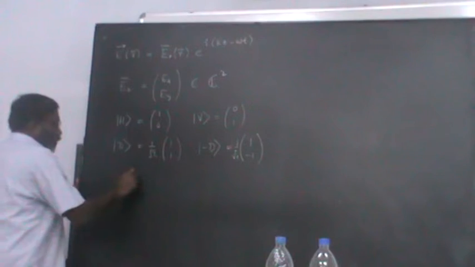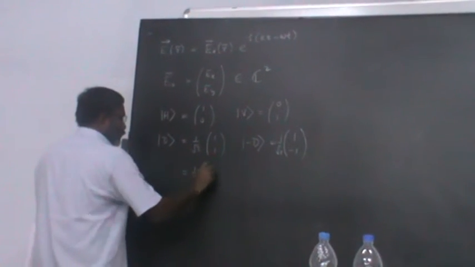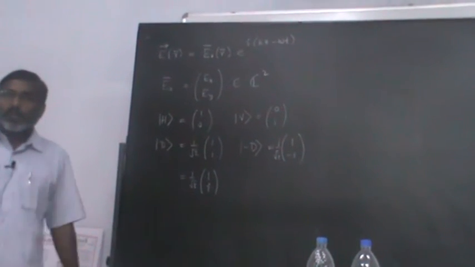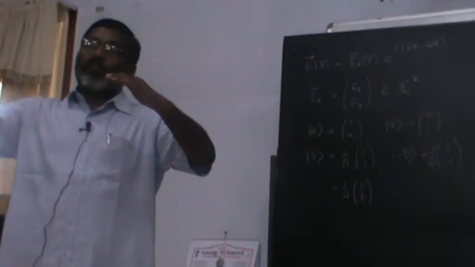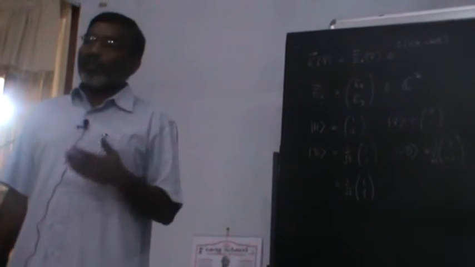Now, from polarization optics, tell me what (1, i) corresponds to. That means Ex is phase shifted from Ey by 90 degrees. It's circular polarization.